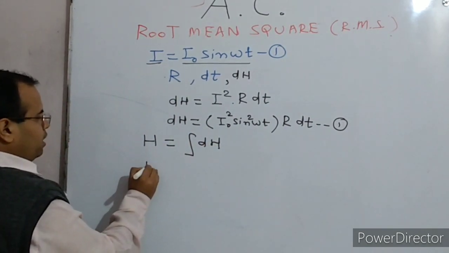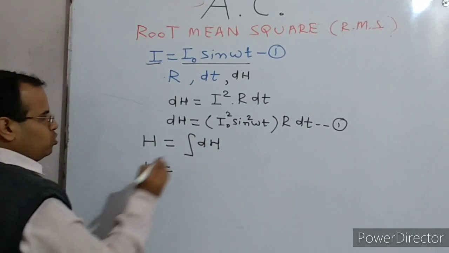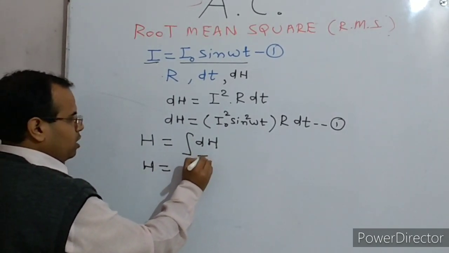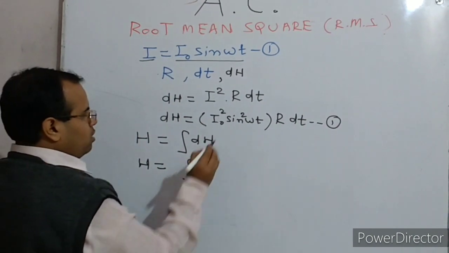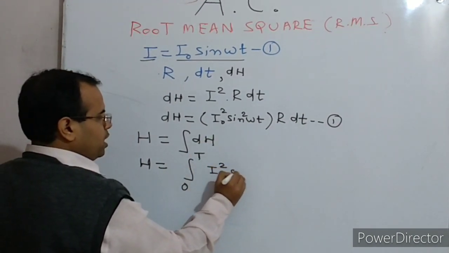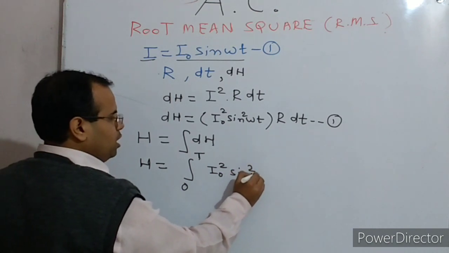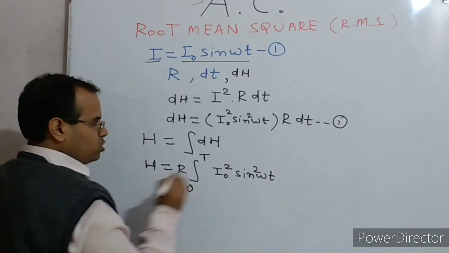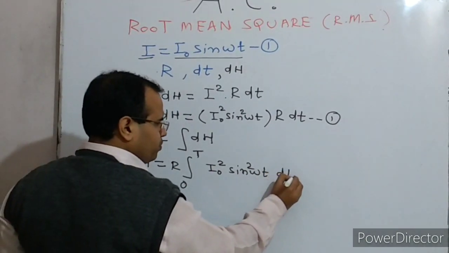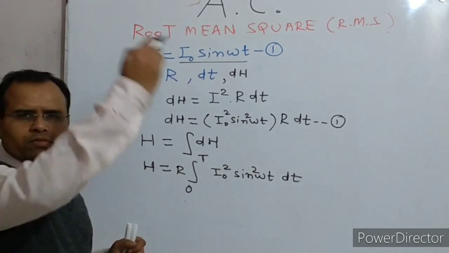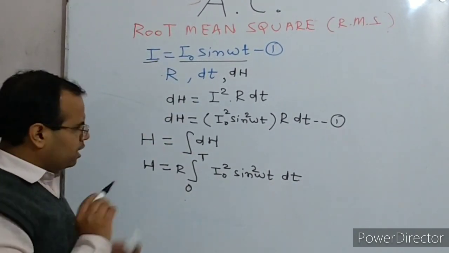H equals the integration, with limit 0 to capital T, of I naught square sine square omega t R dt, where R is constant, so I have taken it outside. And the limit is 0 to capital T, as I told you that we have to take it over the entire time period.